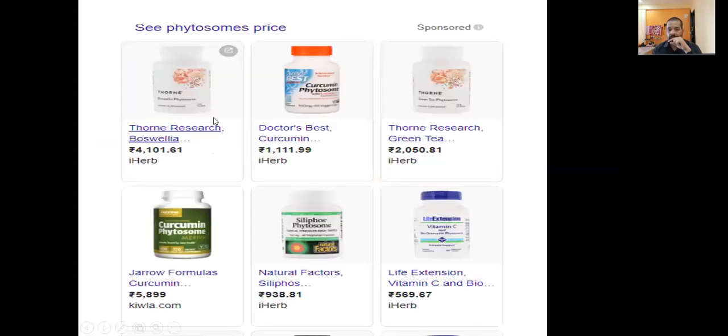So these are a few phytosomes which are available online. Around 100 mg to 200 mg, costing around 4,101 or rupees 1,111. So different brands are available in the market, and different types of phytosomes are available.